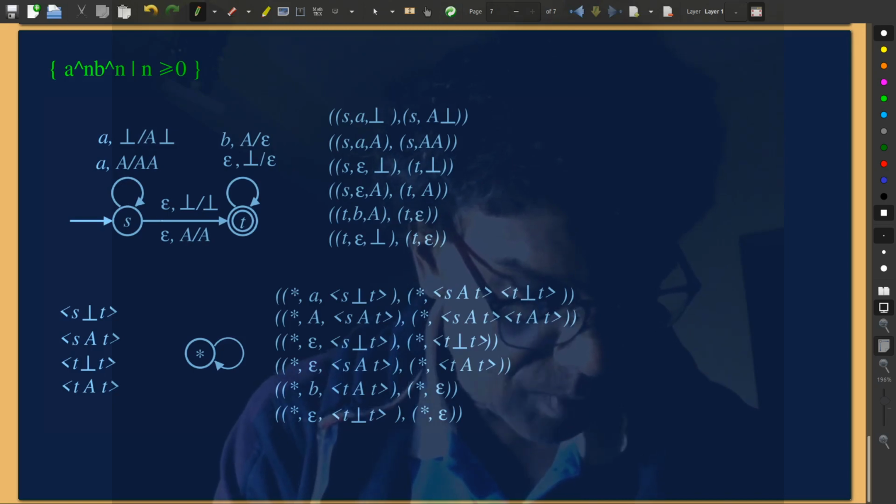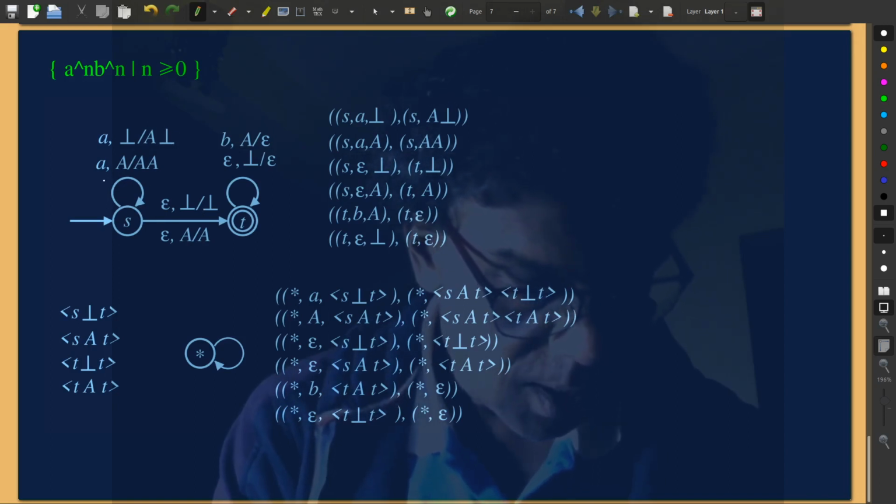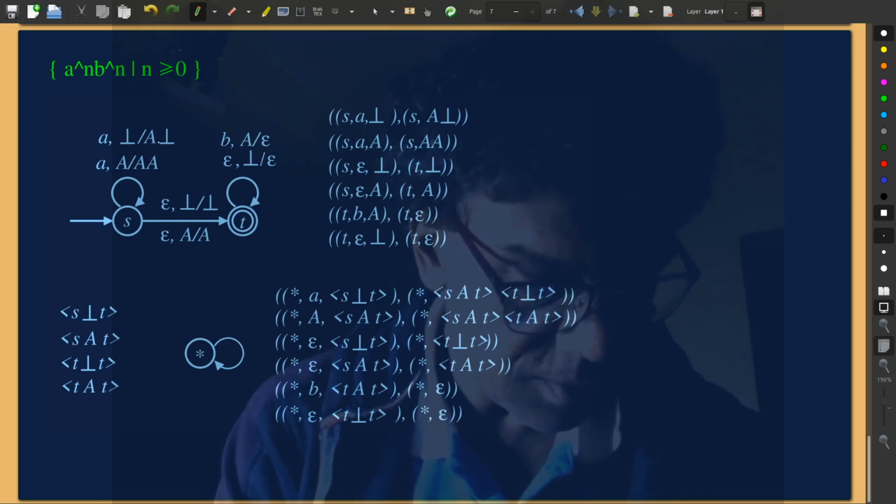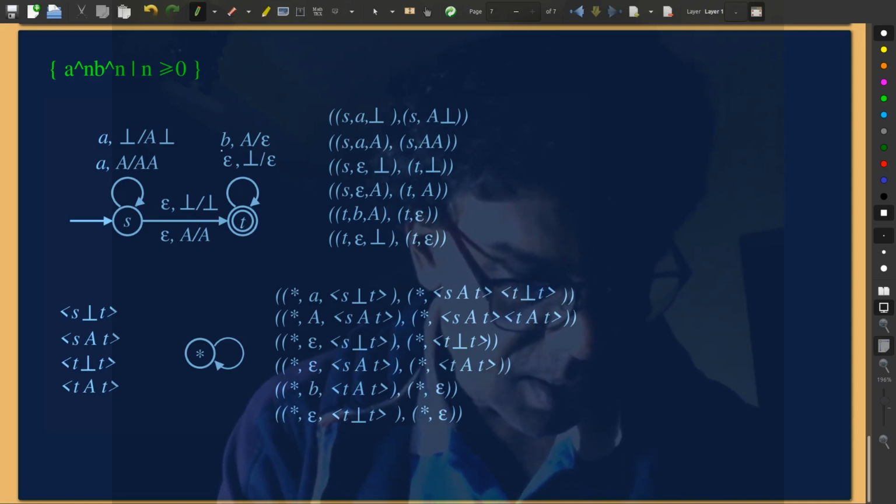It starts with this bottom marker at the bottom of the stack, and then in this state S, which is the start state, for each a it pushes one capital A. When the part of the input consisting of a's is read, it does not hamper the stack, and simply moves to the state T. And at T, for each b consumed from the input, it pops one A. Eventually, when all b's are consumed, it pops out this bottom marker.